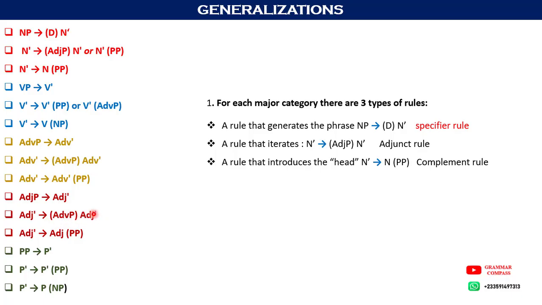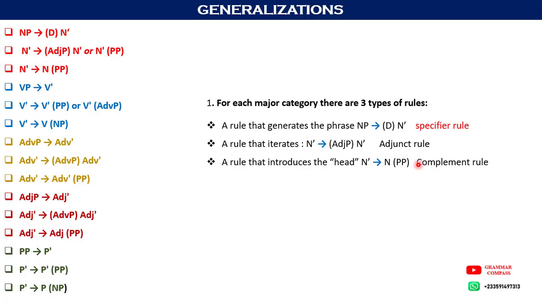The AdJ bar can be modified by an adjective phrase. And in the prepositional phrase, we have the P bar, the adjunct rule over here, where the P bar can be qualified by a prepositional phrase. So this is the generalization that we can give to the second rule generated by these phrases.